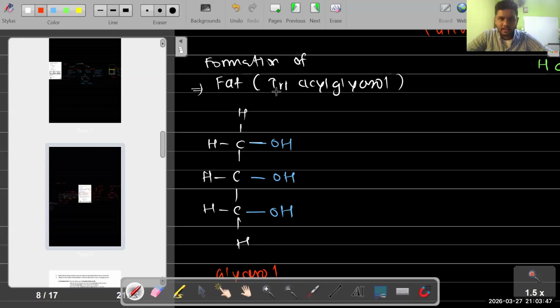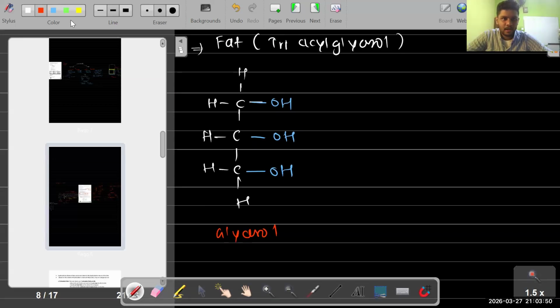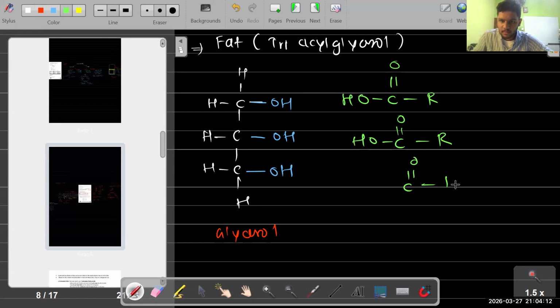Now this is glycerol. Now I'll draw like this: C double bond OH, R, C double bond OH, R, C double bond. This is fatty acid.